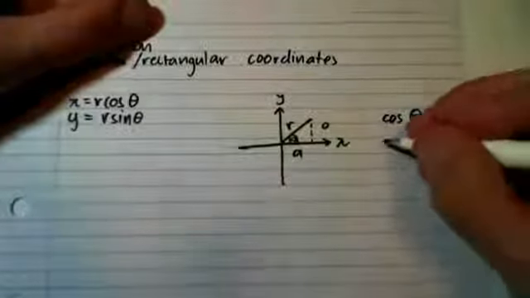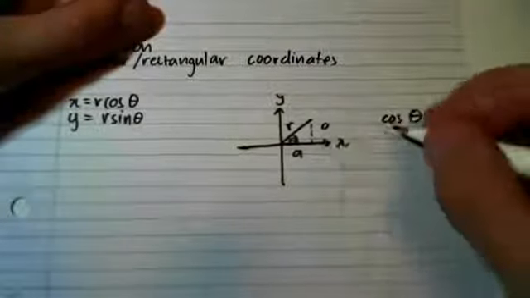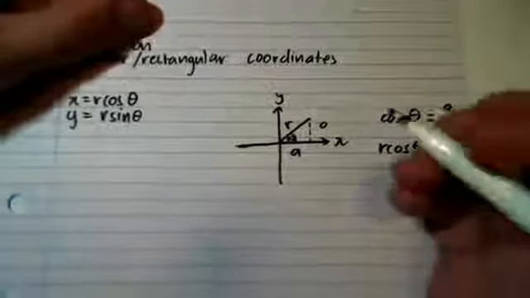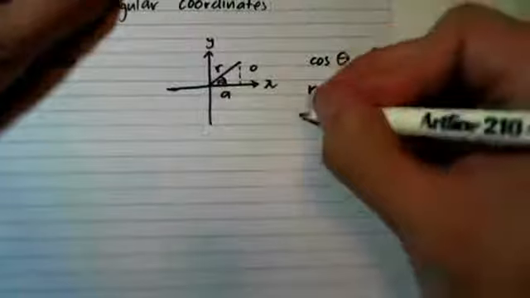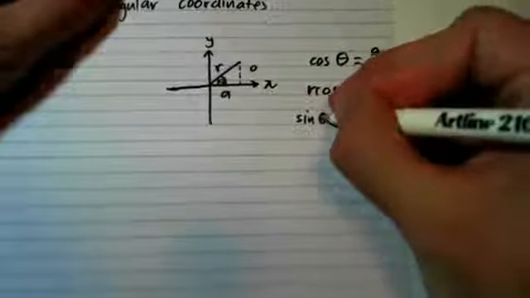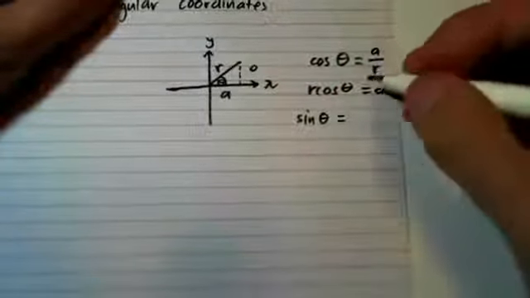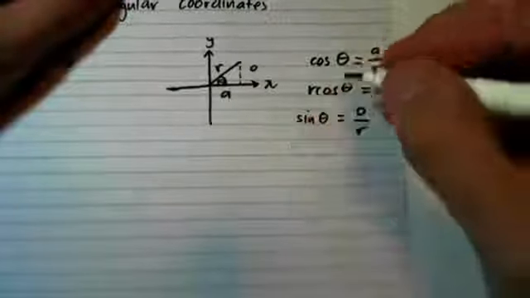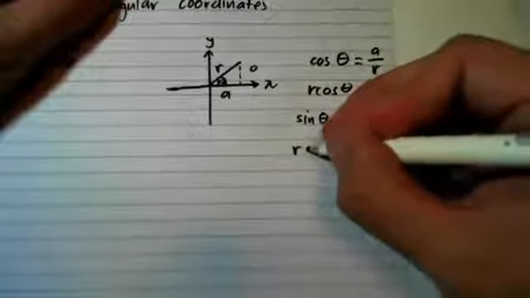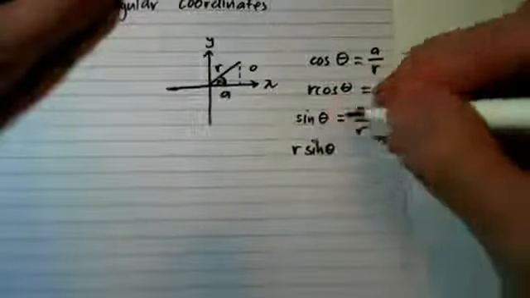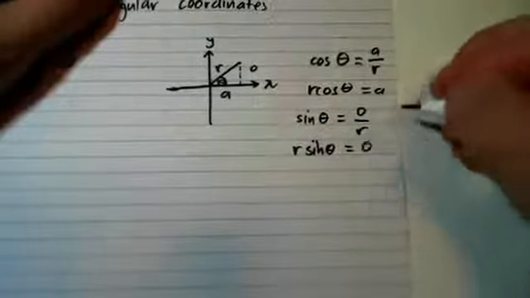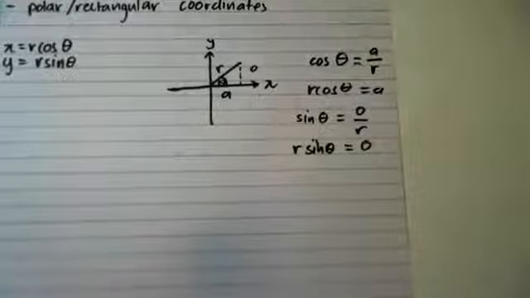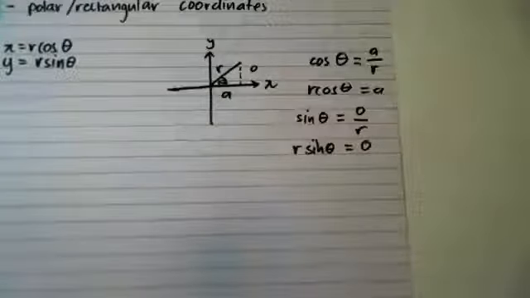So we can then say that this component here, A, is equal to r cosine theta by solving for A. We can do the same thing for our opposite, the opposite over hypotenuse, and then make the opposite the subject, so r sine theta equals our opposite.